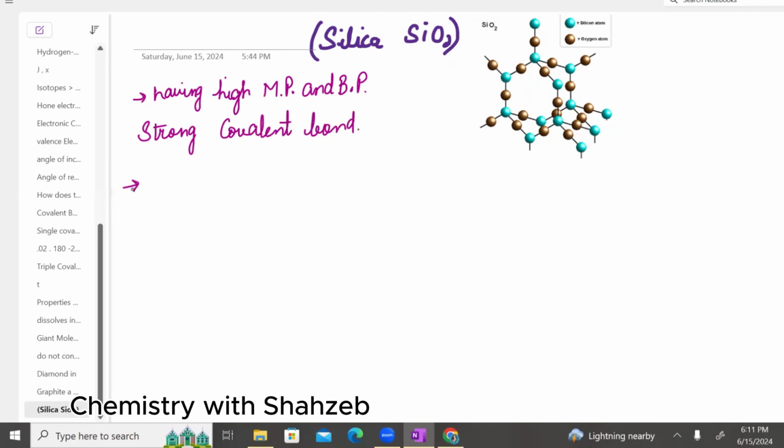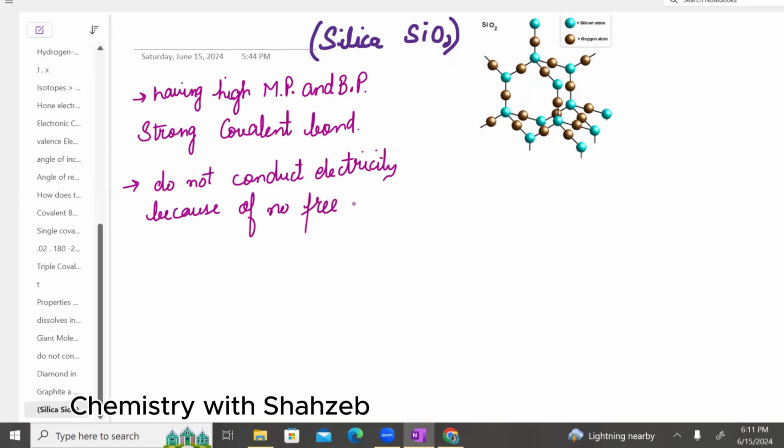And the other factor is that it does not conduct electricity because of no free moving electron.